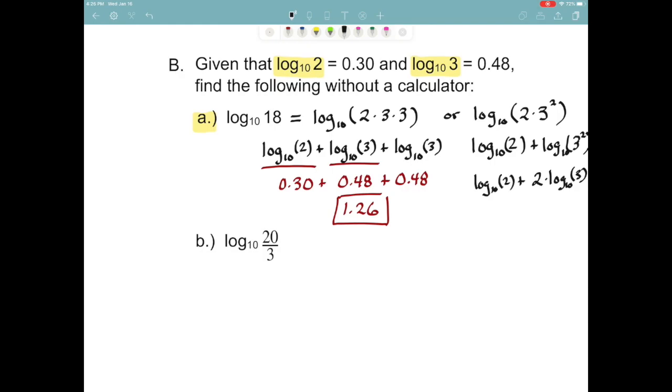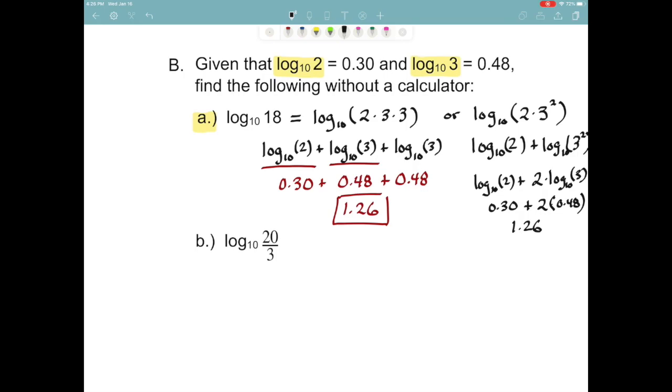Now we could substitute in what we need to. Log base 10 of 2 was 0.30 plus 2 times, and our log base 10 of 3 was 0.48. So I just wanted you to see that this will also end up giving you 1.26. Many of these have different ways that you can approach them.